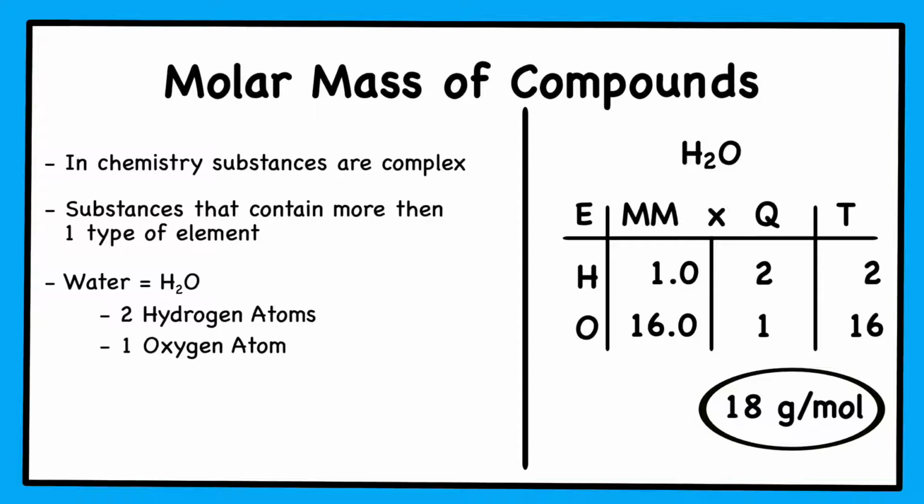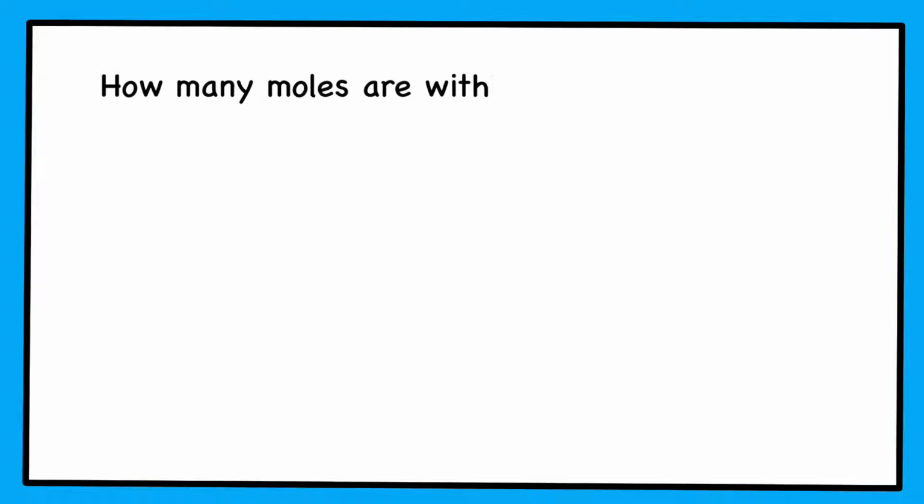Now with this knowledge, we can solve mass to mole problems for compounds the same way as we did for our individual elements, just making sure we have the appropriate molar masses for our compounds. So say I wanted to see how many moles are within 85 grams of zinc chloride, or ZnCl2. My first step of this problem is to solve for the molar mass of my compound. To do this, I set up our molar mass table as so.